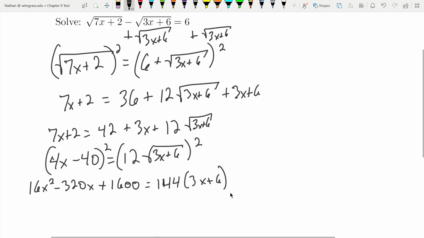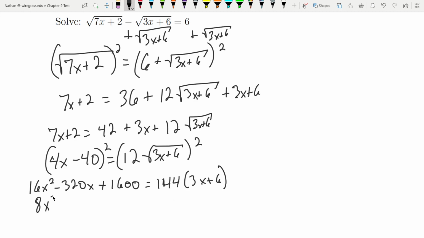All right, it's a lot of stuff that I have to simplify here, and the numbers are quite large. Let's see if I can divide anything out to make it simpler. I can divide everything by 2 for sure. It's going to give me 8x squared minus 160x plus 800 equals 72.